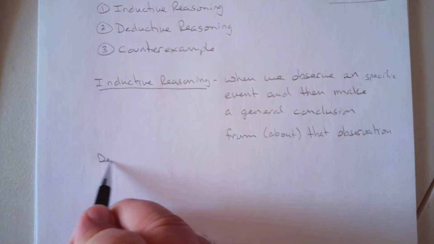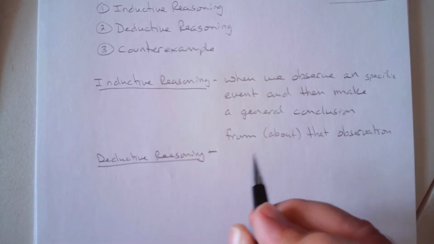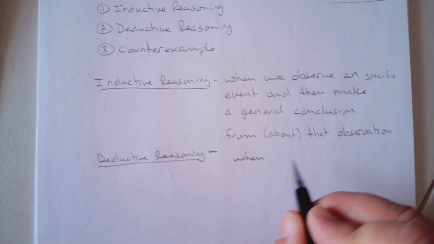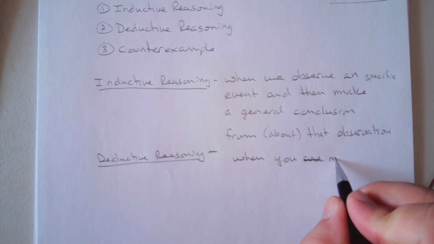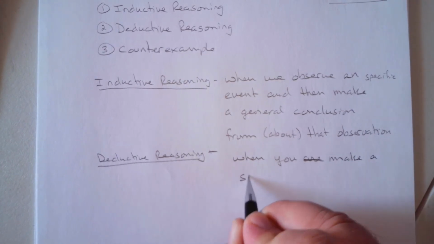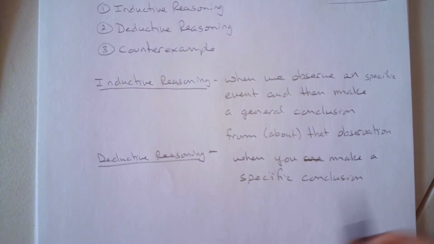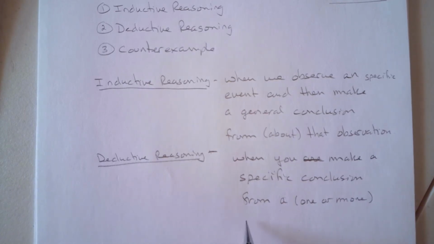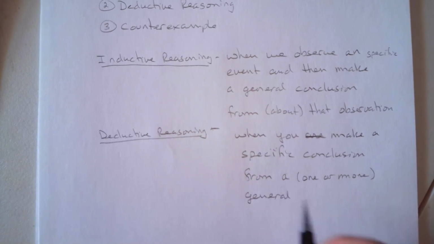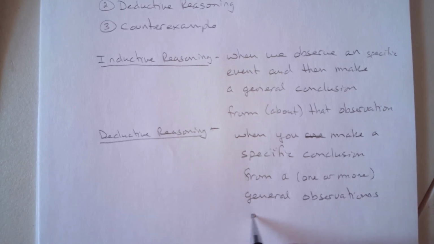Deductive reasoning is when you make a specific conclusion from one or more general observations or statements.